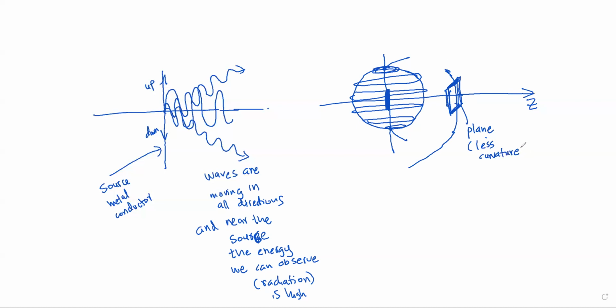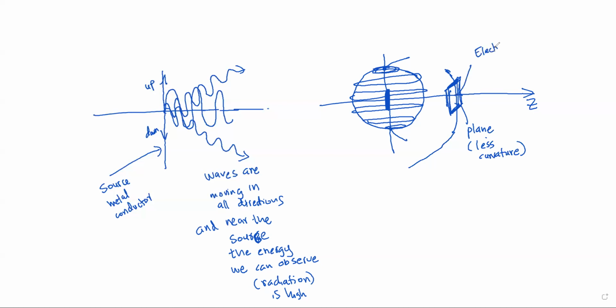So we can assume that the electric and magnetic fields that are generated at a distance very far from the source lie on a plane, right?